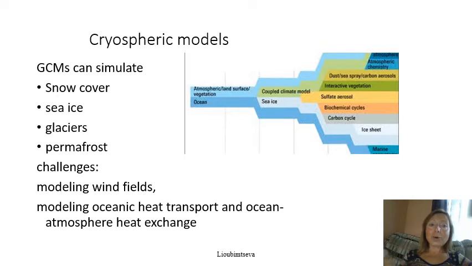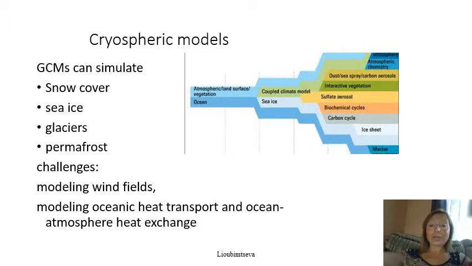So the snow cover, the sea ice, the glaciers, the permafrost are increasingly incorporated in those models. And there are some challenges associated with this, like it's very difficult to model wind, for example, over the ice, or model oceanic heat transport and ocean-atmospheric heat exchange. But you can see how the models are becoming more and more complex.